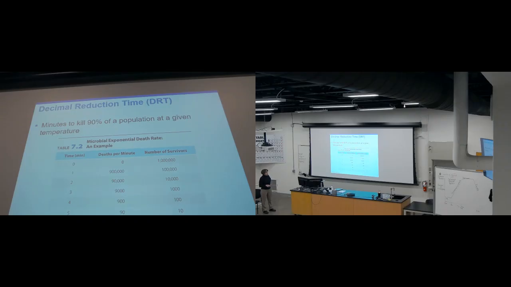So again, you know that by minute 6, which is this row, you still have one microbe. And in this case, you run the sterilization process for 7 minutes.